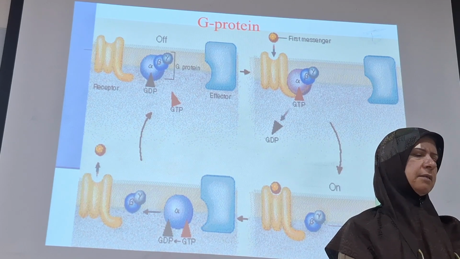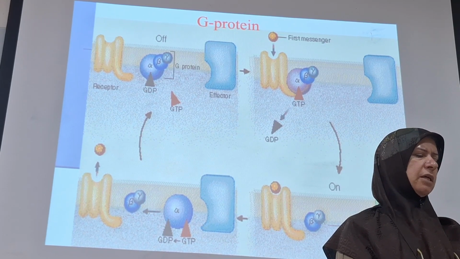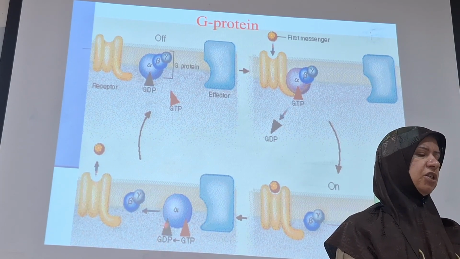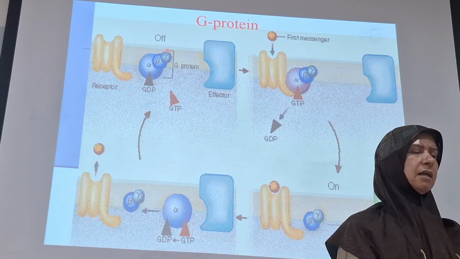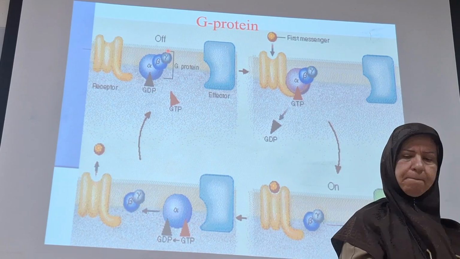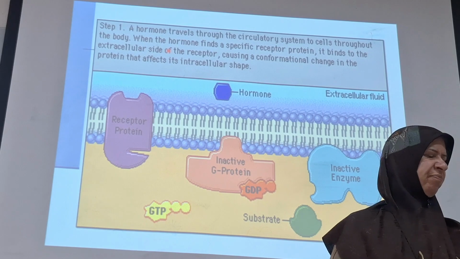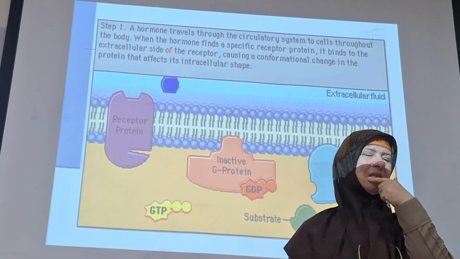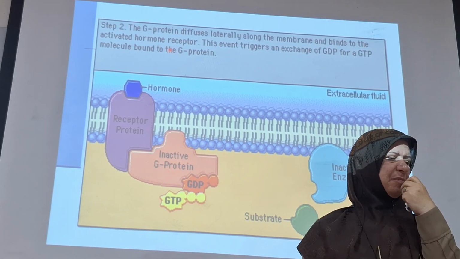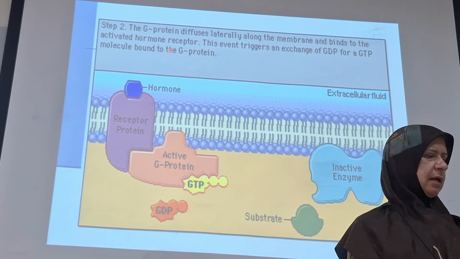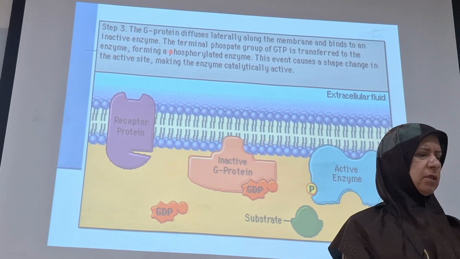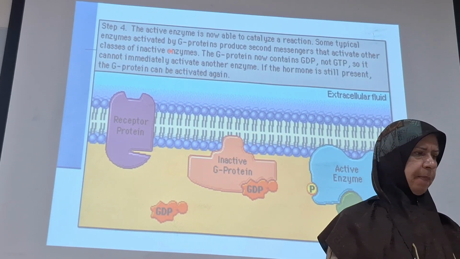Within milliseconds, GTP is hydrolyzed to GDP. Alpha-GDP binds to beta-gamma and recycles. So, the hormone binds to the receptor, the receptor binds to the G protein, GDP dissociates and GTP binds, and alpha-GTP activates some effectors and initiates the signaling pathway.